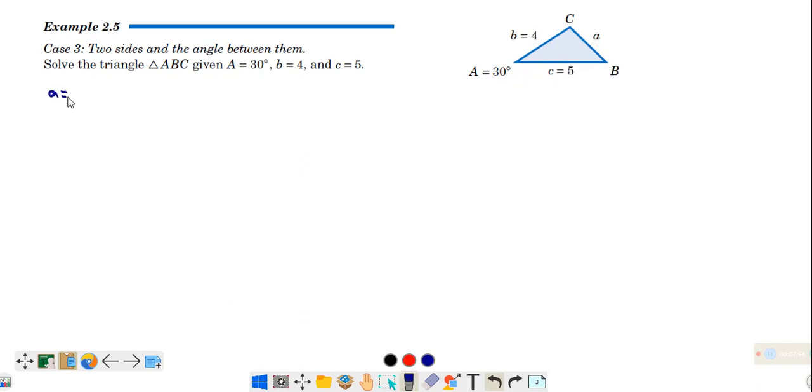So, si angle A ay given, pero si side A ay nawawala. Si side B ay 4, si side C ay 5. Ang angle A ay 30 degrees, ang angle B ay nawawala, at si angle C ay nawawala rin. Masyado maliit, palakihin natin. Ayan.